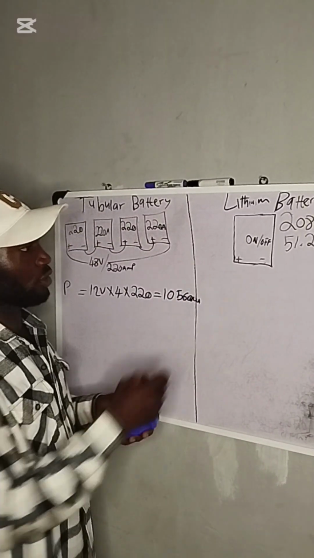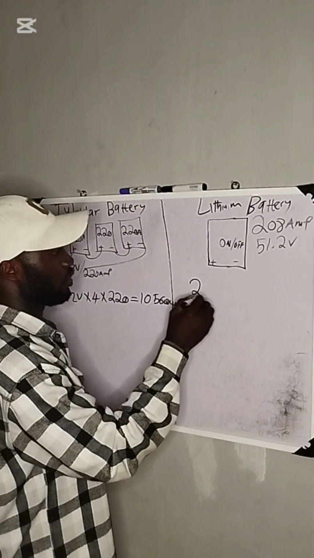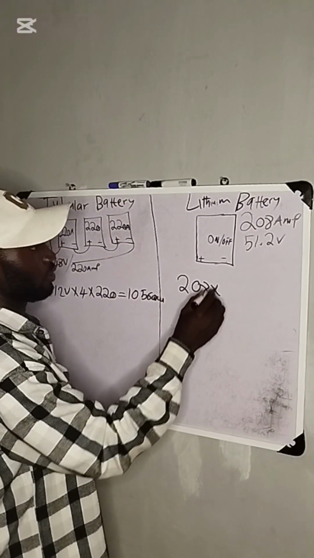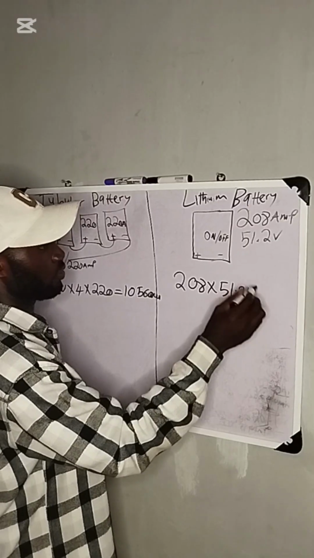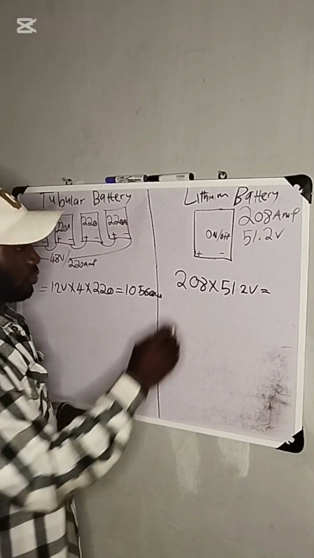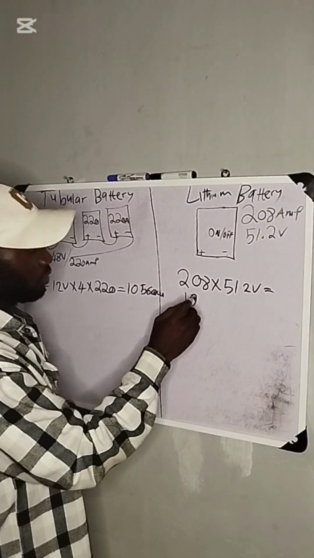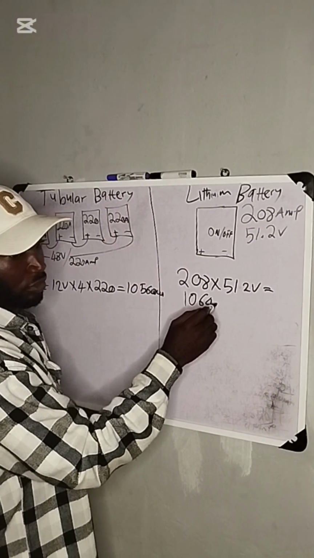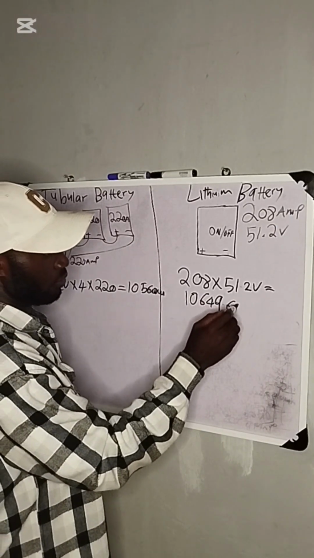Then to get the power of this lithium battery, we say 208 amp times 51.2 volts. You will get 10,649.6 watts.